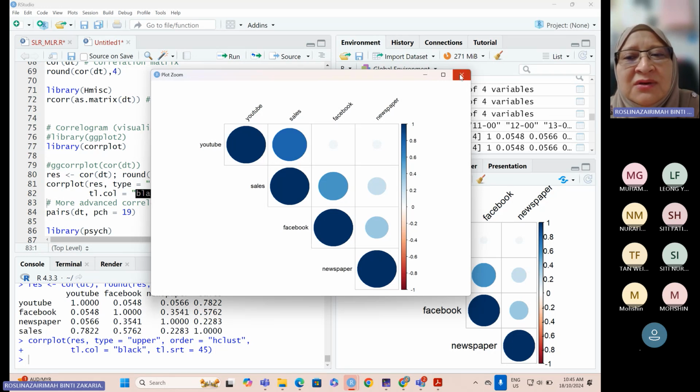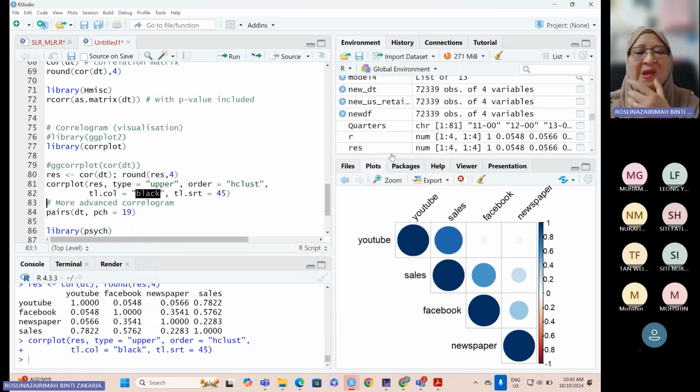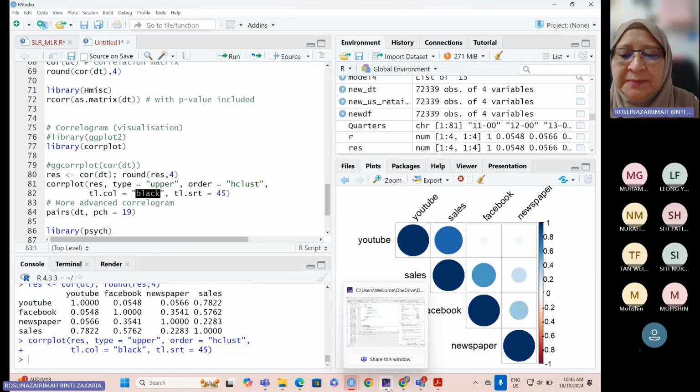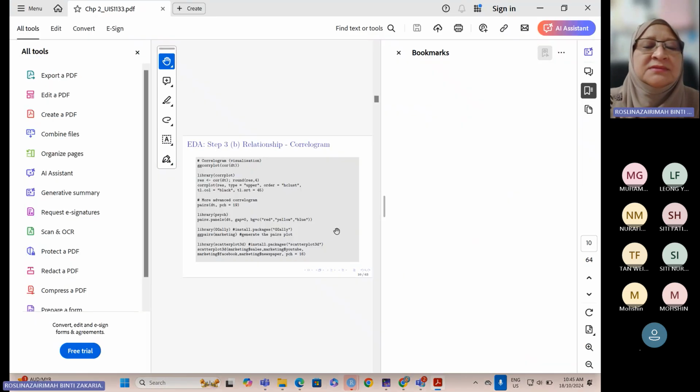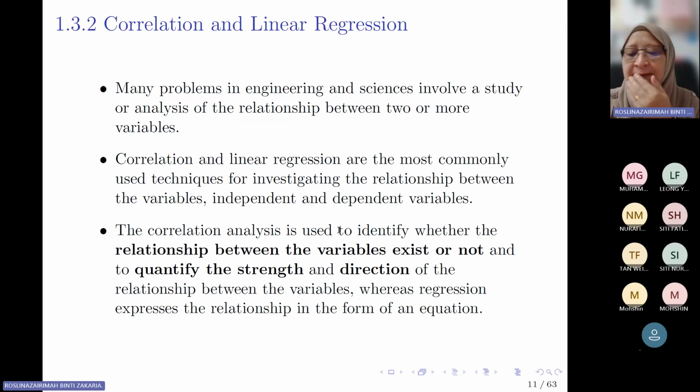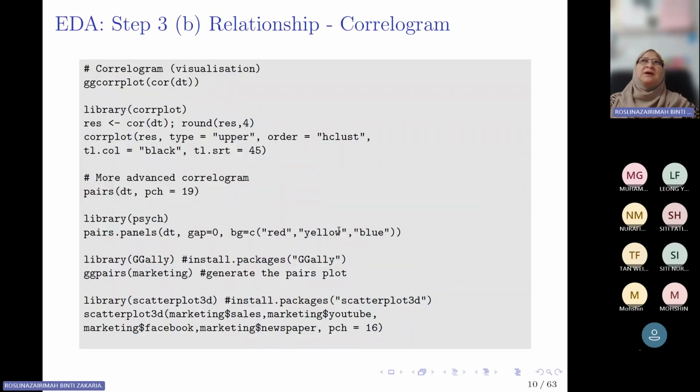Yeah, there is no strong relationship. I'm not sure why my code is not working very well today. So that is the 3 steps of EDA, exploratory data analysis. I need to check the codes again. Maybe some of the libraries are not there.